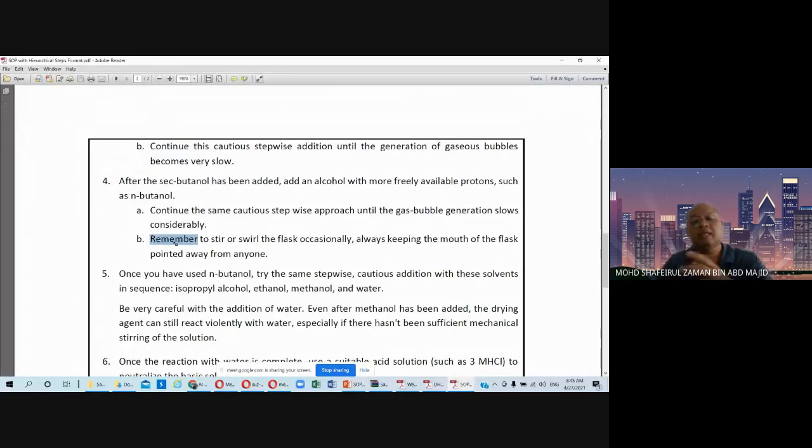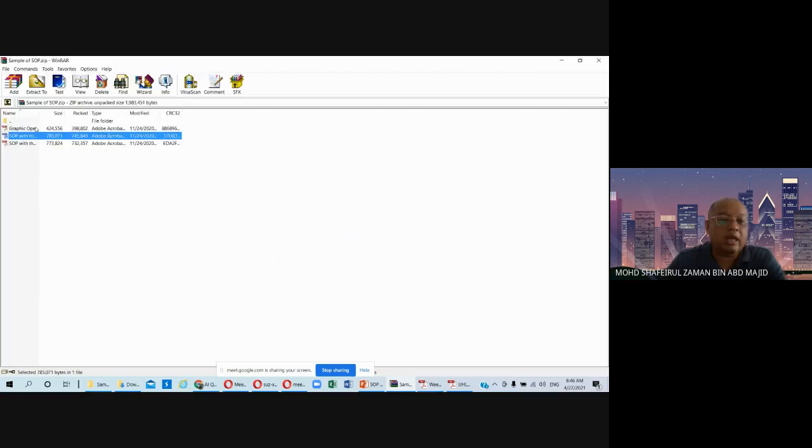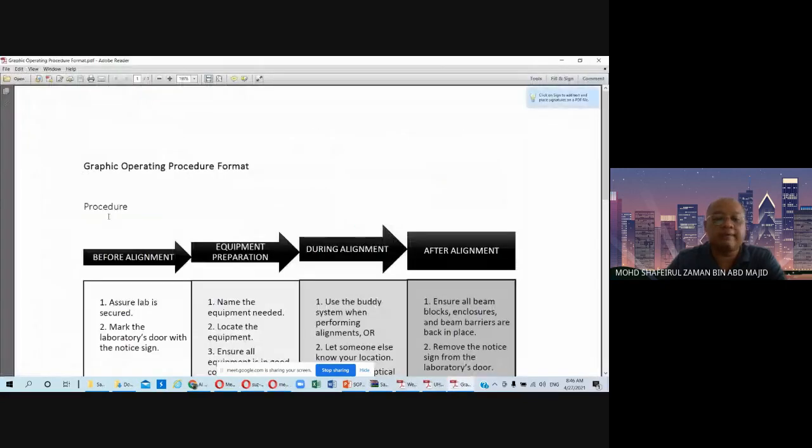Basically this SOP, and also the SOP that you're going to work with, should have the imperatives. So this is the hierarchical operating procedure, and let us have a look at the graphic operating procedure.